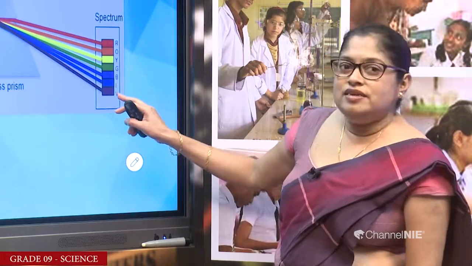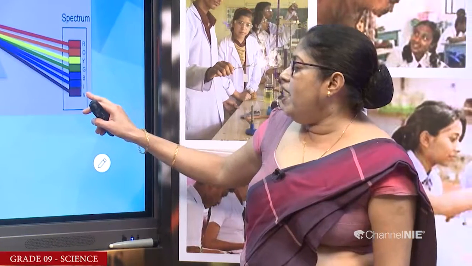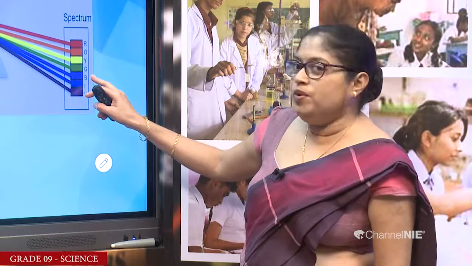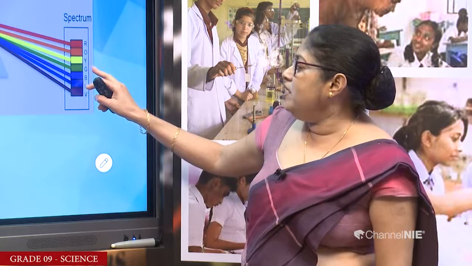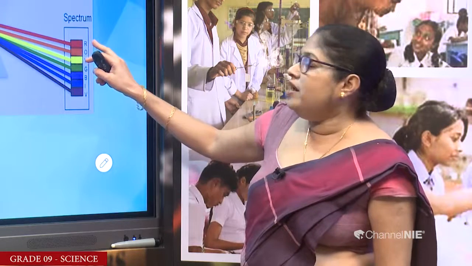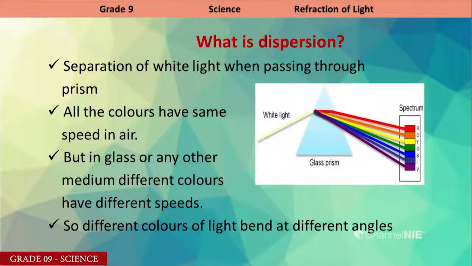Let us read the colors from the bottom. V for violet, I for indigo, B for blue, G for green, Y for yellow, O for orange and R for red. I will tell you a short way to remember this. You can call this VIBGYOR.